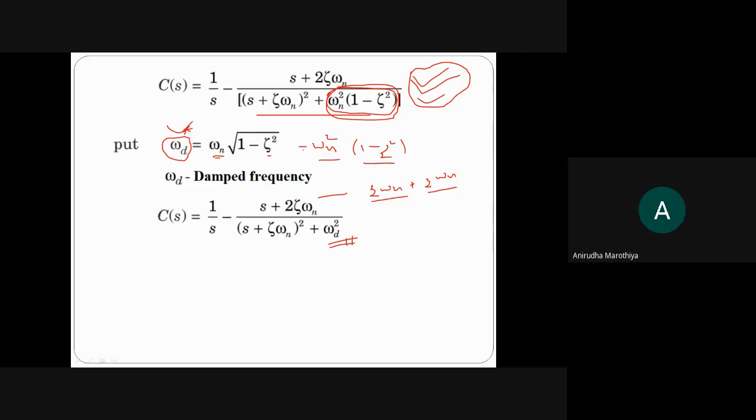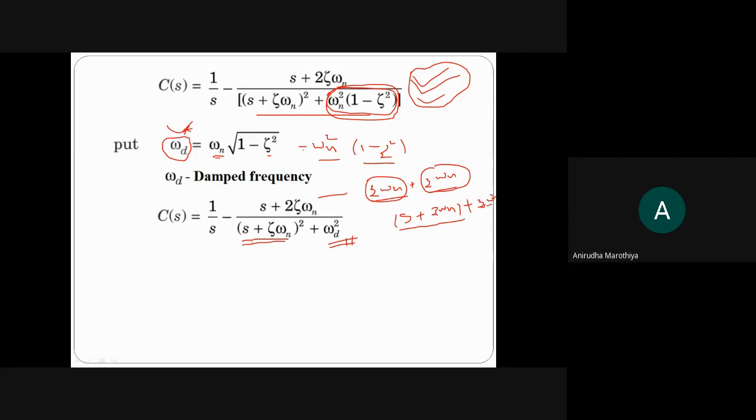Now if you club this s with the first zeta omega n, I can write it as s plus zeta omega n, which is your first bracket. The same term is available in the denominator. Then plus in the numerator we have another expression, which is your remaining zeta omega n. So I can write zeta omega n as it is.